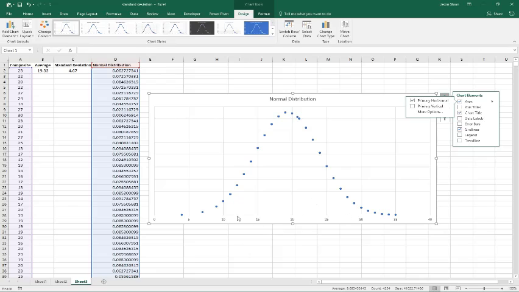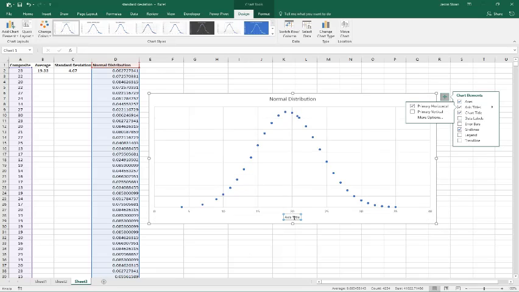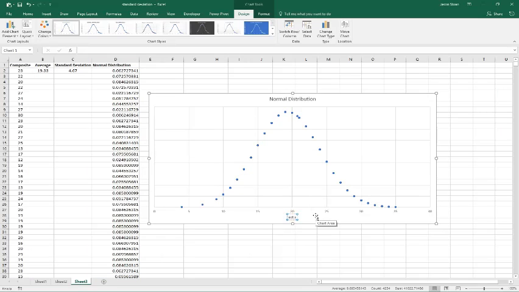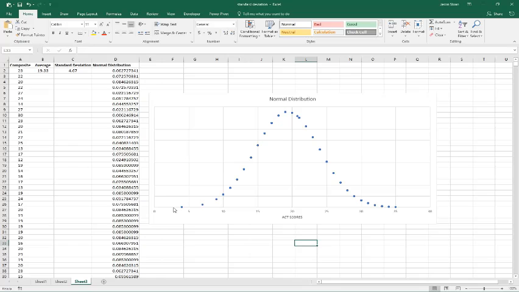All we want is the horizontal because that's the ACT scores. So I'm going to do axis titles, and I want the horizontal. So these are the ACT scores, and here's my normal distribution.